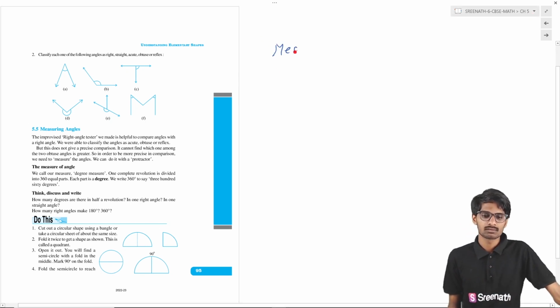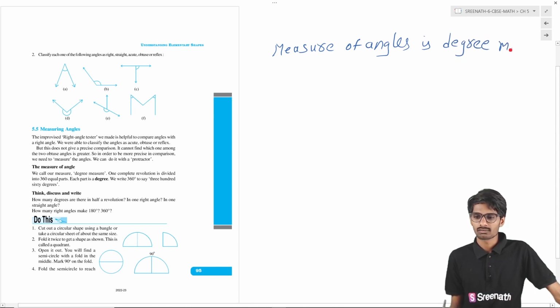So the measure of angles is degree measure, students. Okay, so basically the measure of the angle is degree measure.